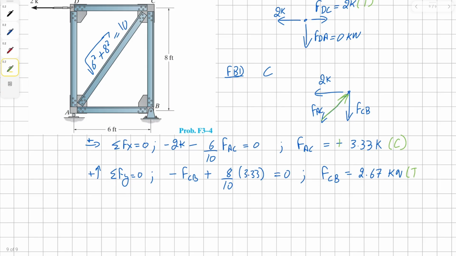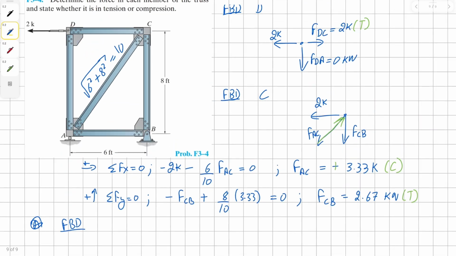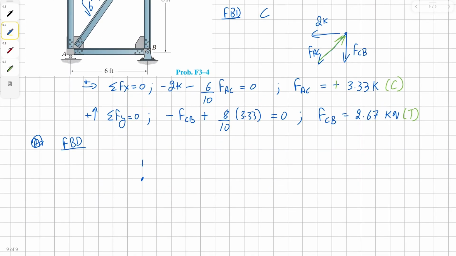Now let's quickly get to joint A in order to find our solution for the last member AB. So at A, we have a zero force member DA. We don't know the direction from the roller yet.